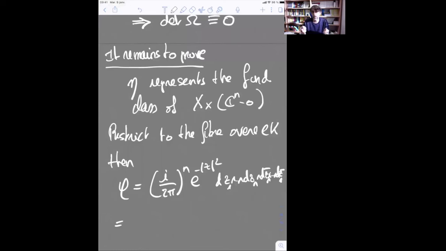So that has a representative that is really G invariant. It's not a G invariant form on Cn minus 0. This would be too much to ask, but it's a G invariant form on X cross Cn minus 0, which has the same homotopy type.